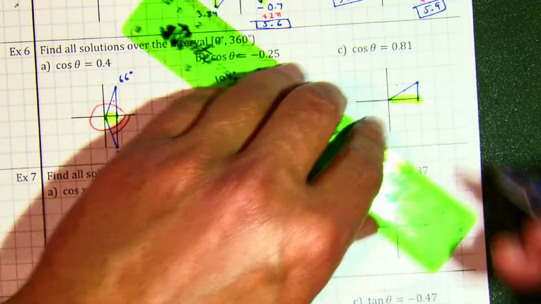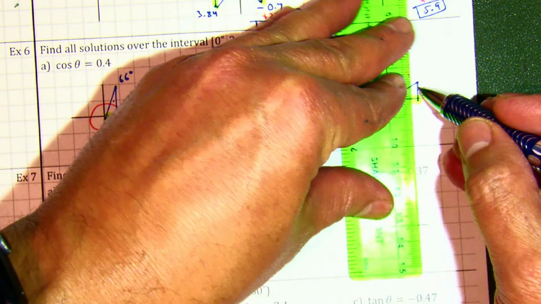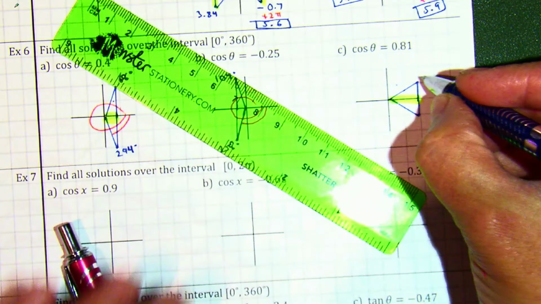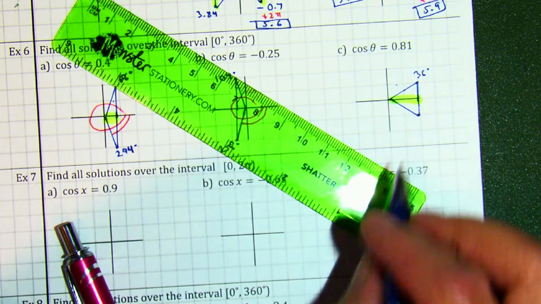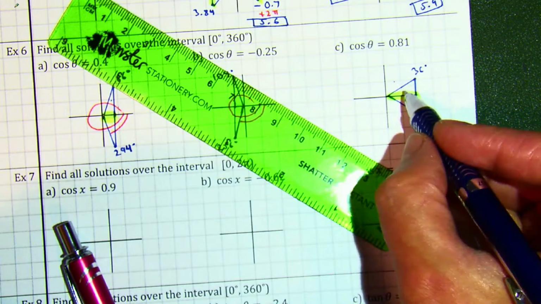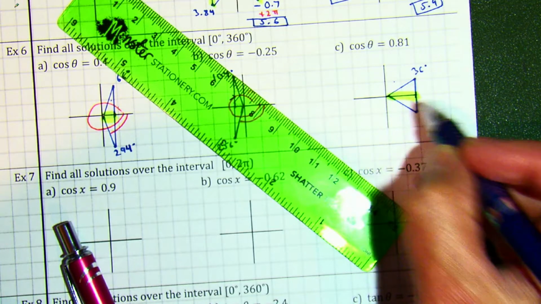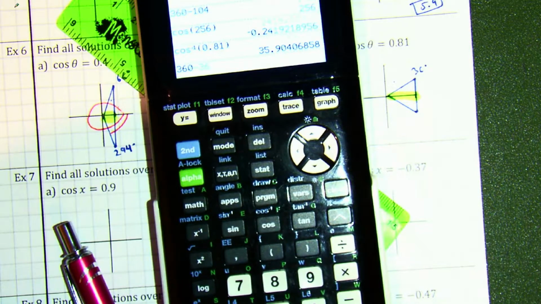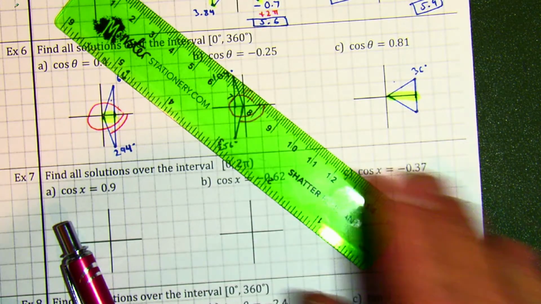That'll be down here. So this is 36 degrees. How can I find this angle here? I'll do 360 minus 36 degrees. That gives me 324.